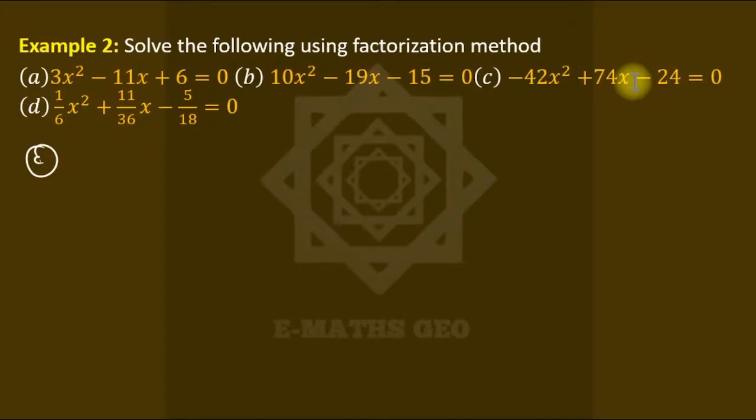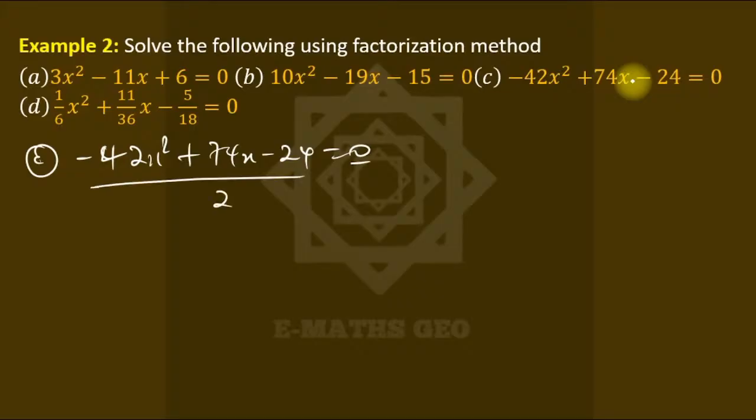As you can see, I think 2 is possible. Is there any other number? Okay, let's use 2. We can divide each of these by 2, even the right hand side.